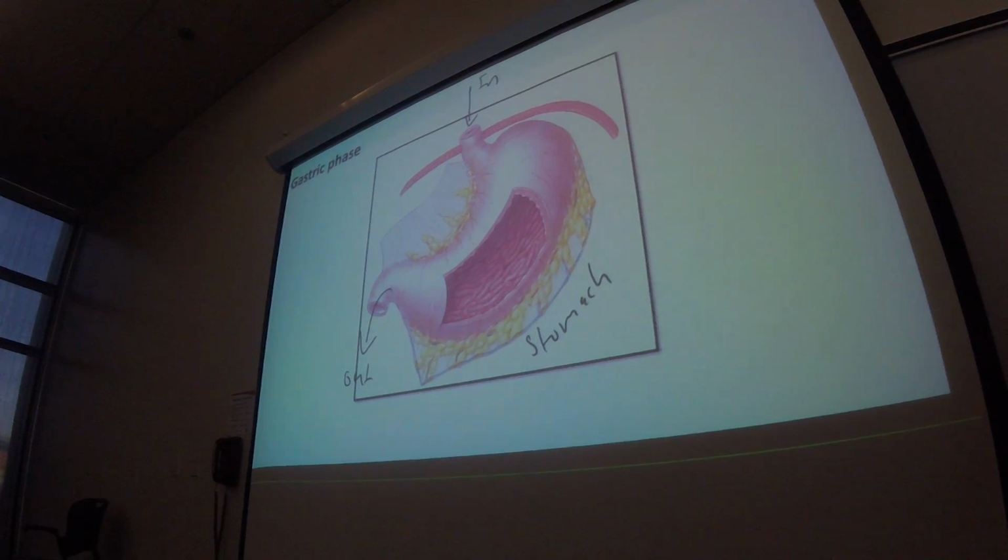So generally the top portion here is for storage. And then this bottom part is for digestion. And the stomach, actually, that's why we have this enlarged stomach, because it's there for storage, right?